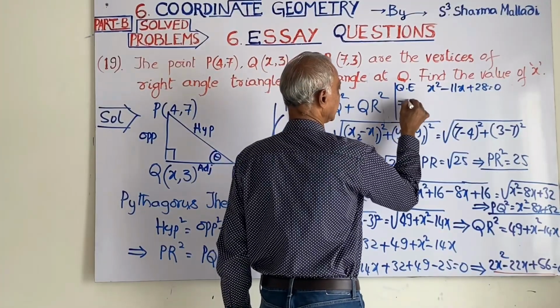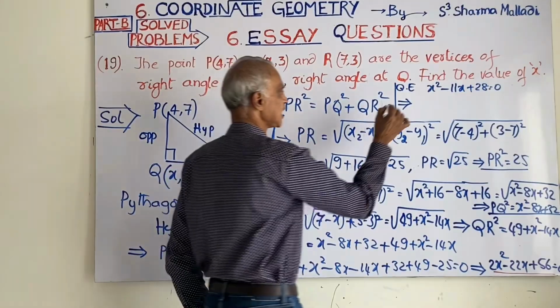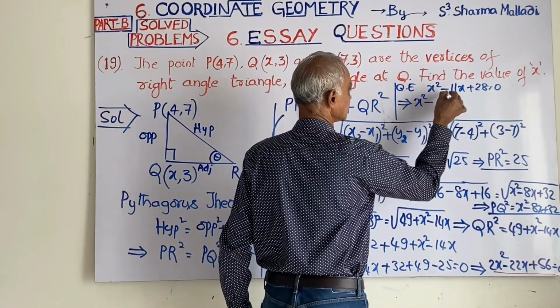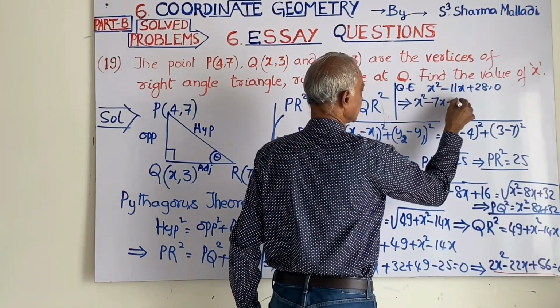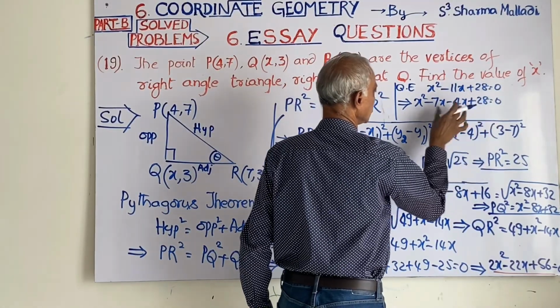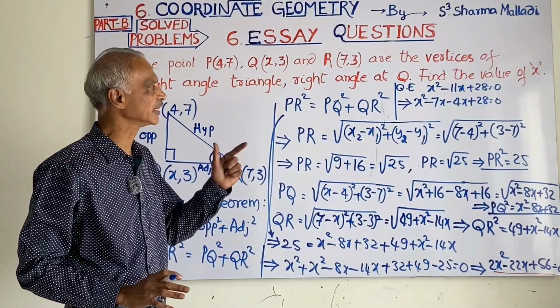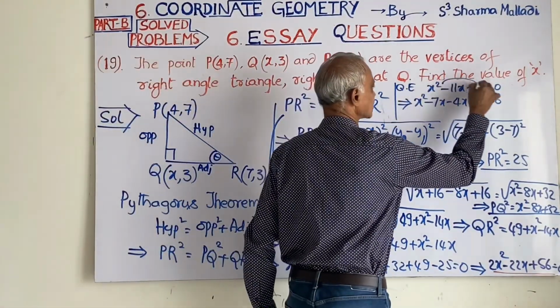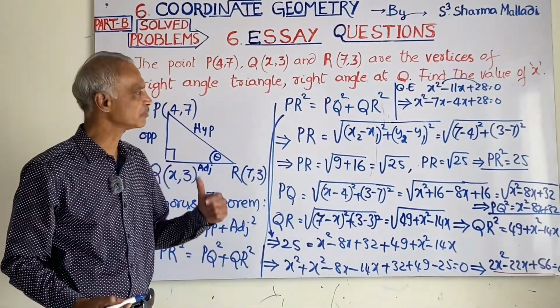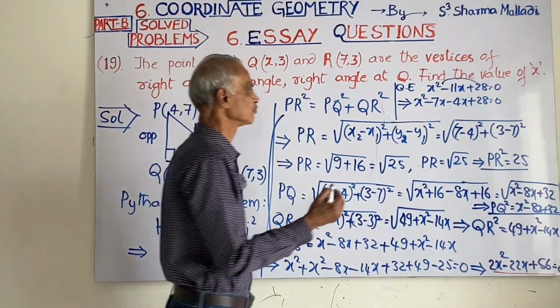Now you take 28, means 7 4s are 28. x square minus 7x minus 4x plus 28 is equal to 0. If you add, you will get minus 11x. If you multiply, you will get 28x square, minus 7x into minus 4x. Like that you have to take.